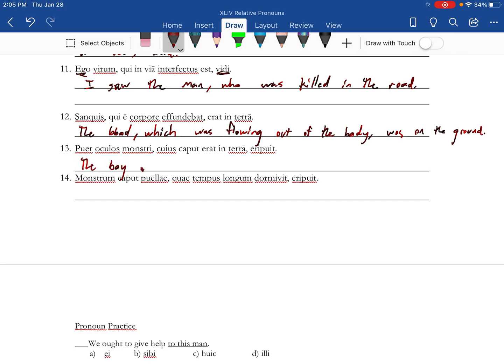The boy ripped out the eyes of the monster, cuius, whose head was on the ground.